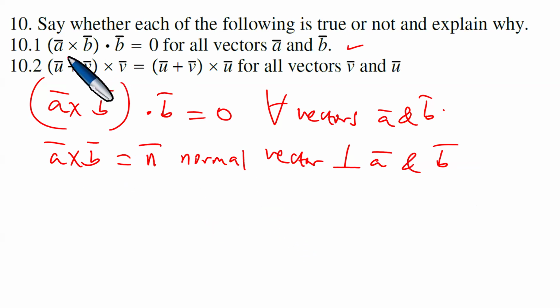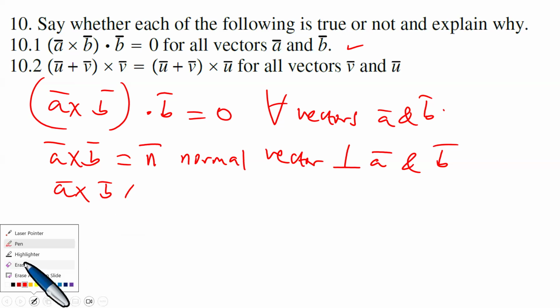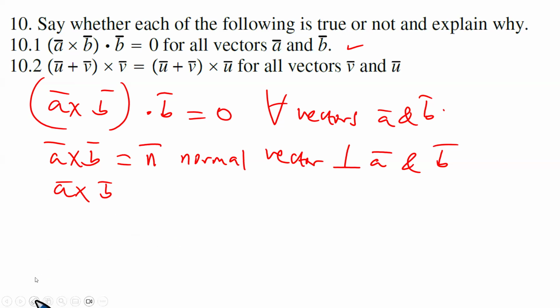So because of this, if you say vector A cross vector B dot B, we have a situation where the vector product is a vector perpendicular to B. A vector perpendicular to B would have 0 dot product.